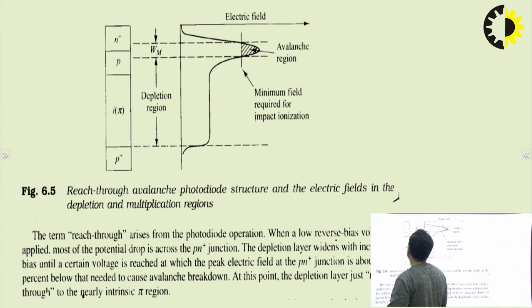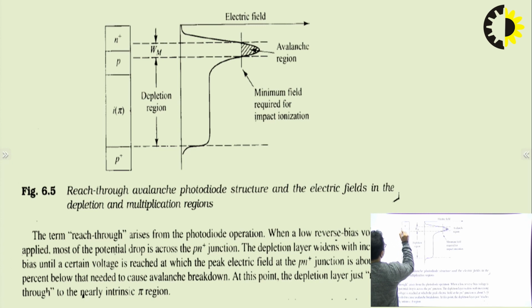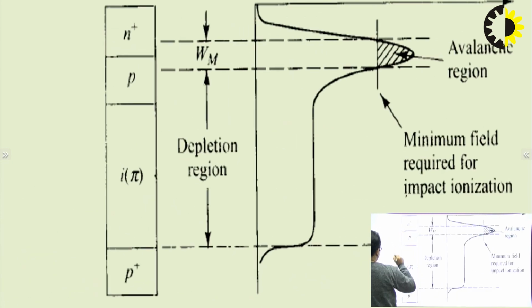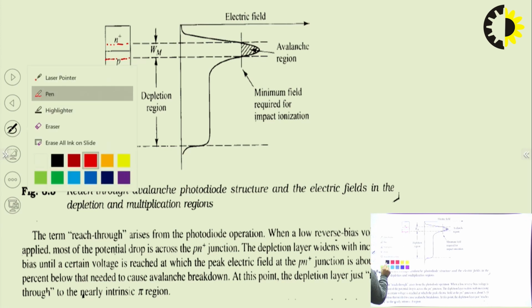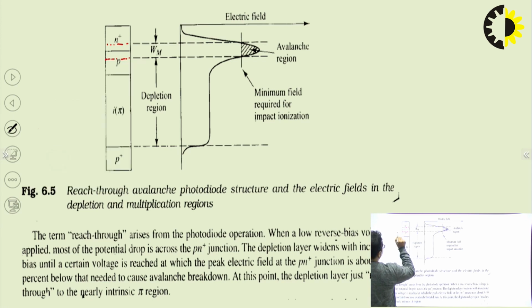As this n plus region is highly doped, we are trying to evaluate it by drawing some dots, and that means it must have a high concentration of electrons.